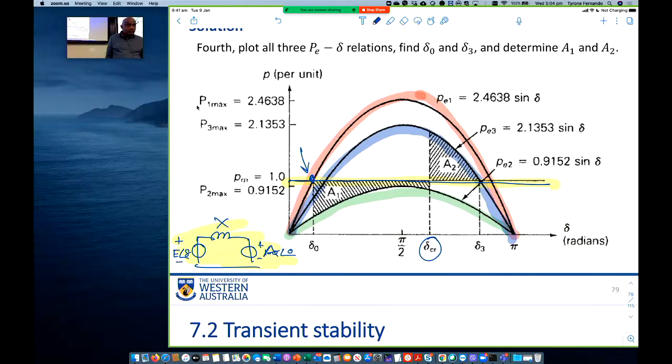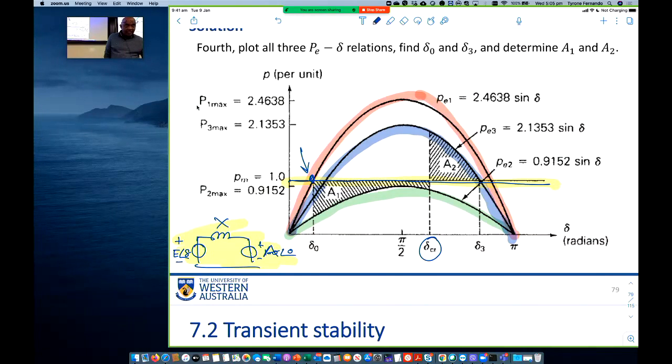and then we clear the fault, because we are talking about a critical angle, to determine the critical angle. So we clear the fault, and then we are looking at the blue curve.